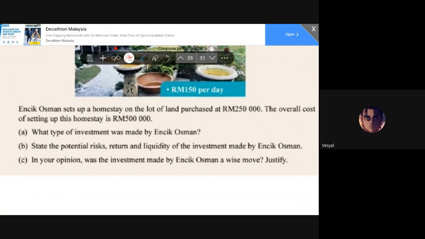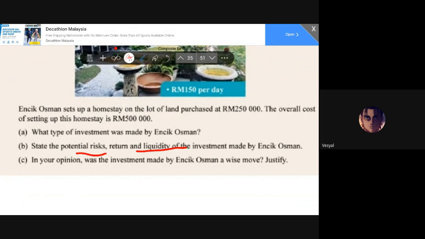Yeah, correct. Good. Real estate. So part B is Justin. You got three parts to tell. You will tell what is your potential risk, return, and liquidity. That's why I always told you this part was the important one, that's why I highlighted just now. That's why the table was important.